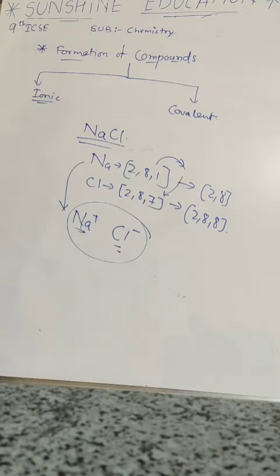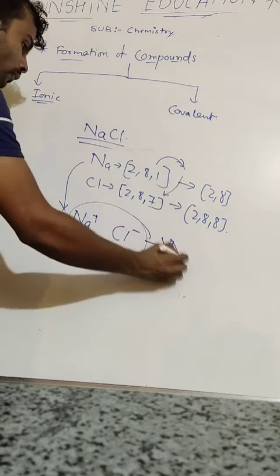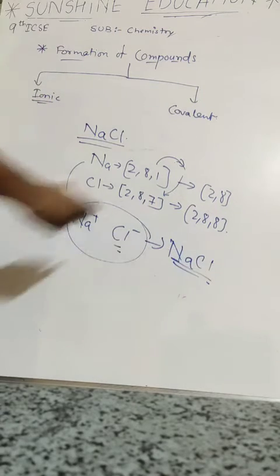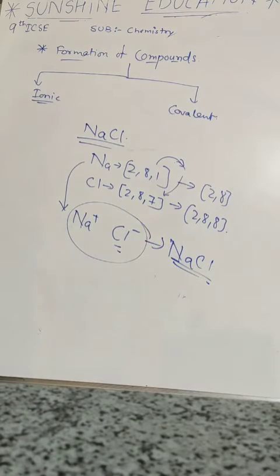Because of electrostatic attraction, one is positive and one is negative, these two ions, the positive ion of sodium and negative ion of chlorine, come together and form a compound called NaCl. This is an example of formation of an ionic compound.